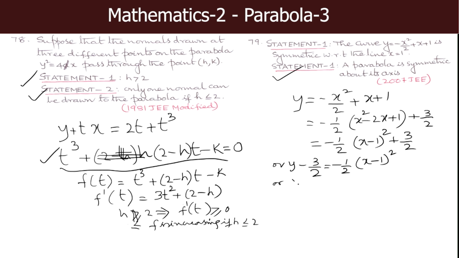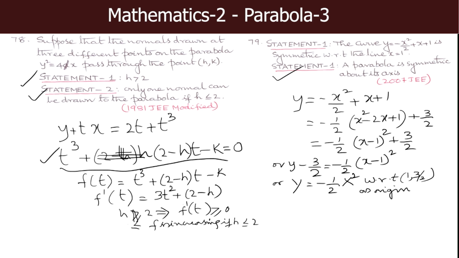Or capital Y equal to minus half of capital X square, with respect to (1, 3/2) as origin. So what is the axis of this parabola?